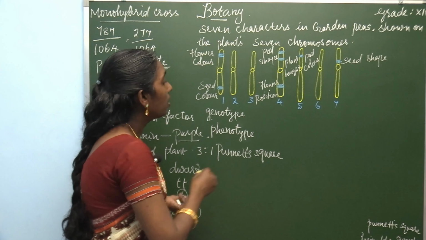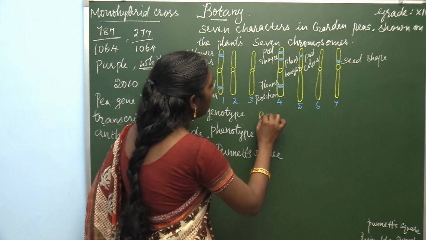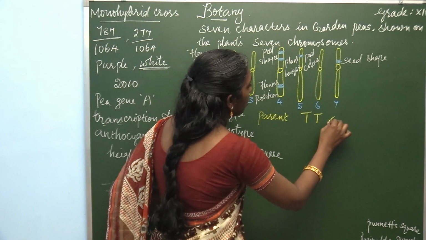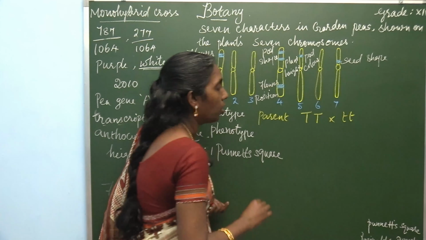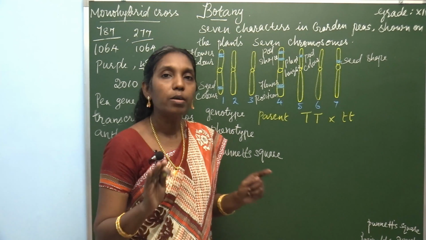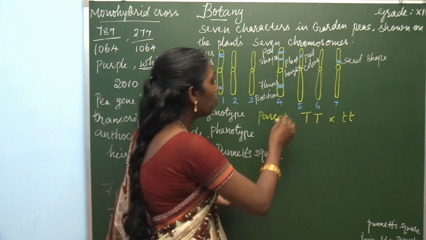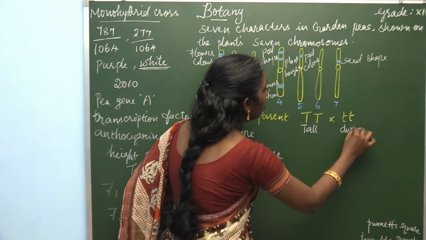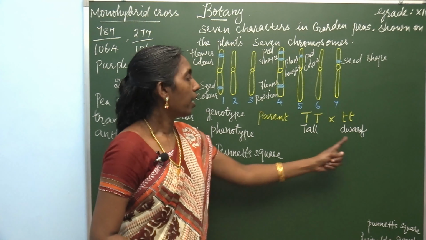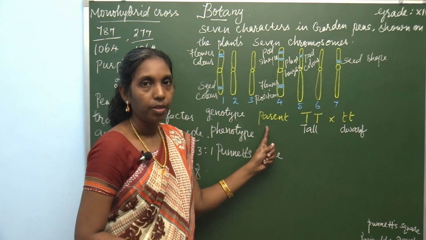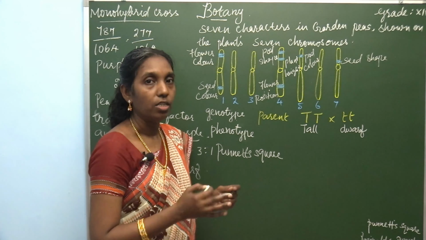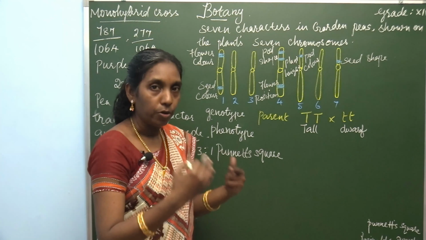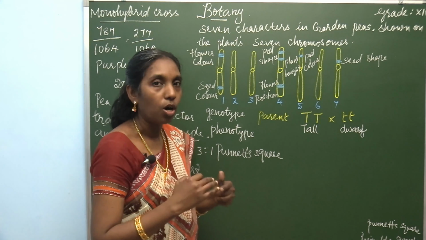Let's see. The parent plants are capital T and small t. This is pure breeding, true breeding tall and true breeding dwarf. In the F1 generation, when tall and dwarf are crossed, it produces all tall plants.